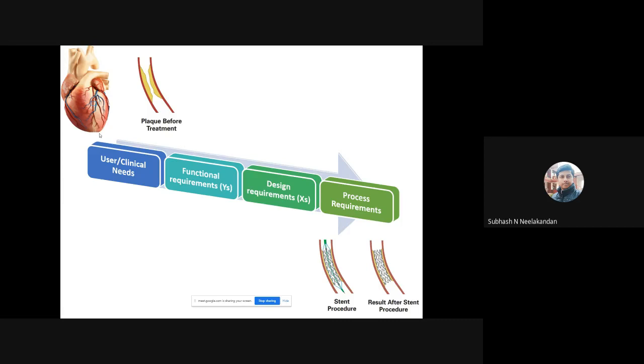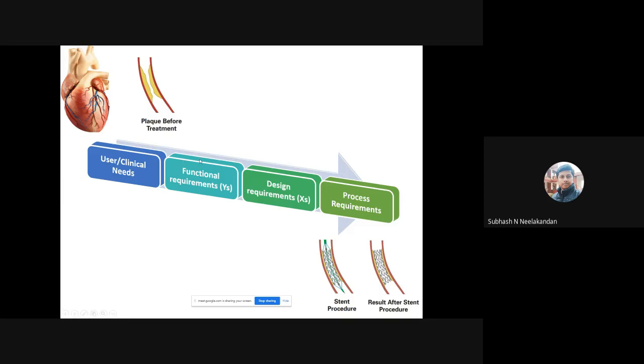The second requirement may be that it should be easy to deliver. Third, maybe it should be easy to access. So basically, what an engineer is getting from the medical fraternity is easy to position, easy to access, and easy to deploy. So this "easy" cannot be converted just like that into specifications or numbers.